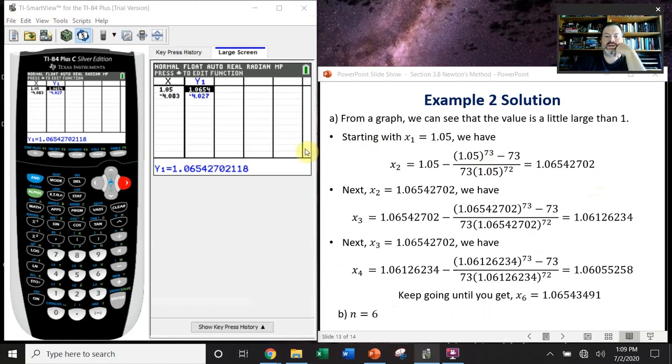So again, I just put all the work up here. So I started with 1.05. Here I'm showing the work, but I actually did it all on the calculator. So look here. I need to keep 8 digits for this problem, or more. 1.06542702. Now you might think, okay, well, that's no big deal.